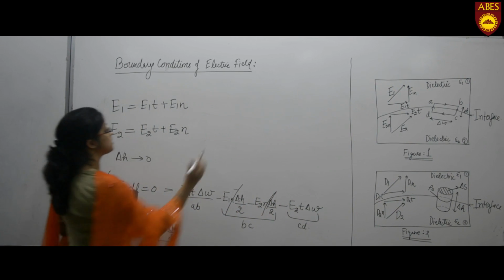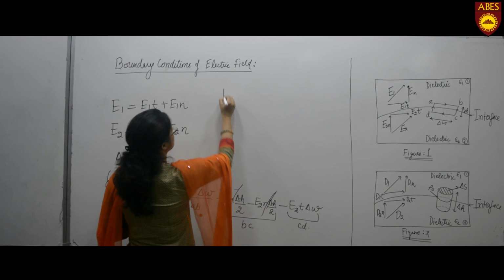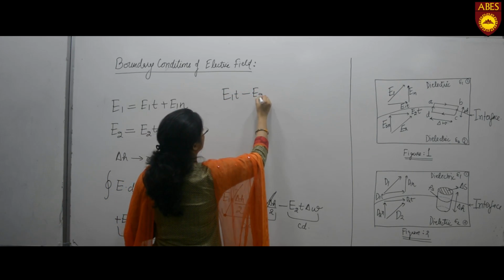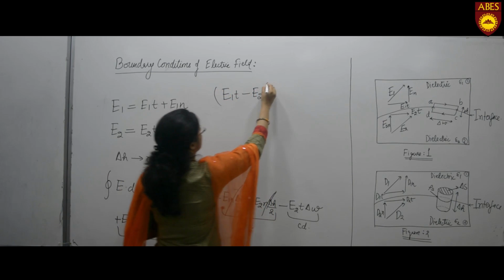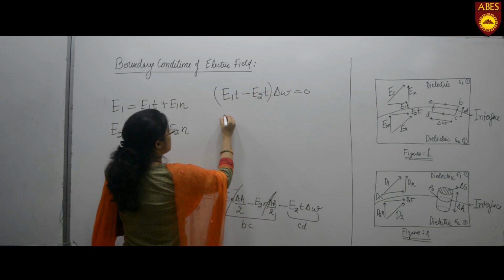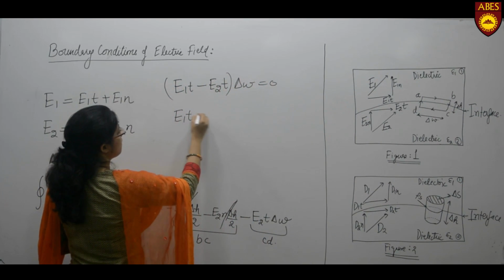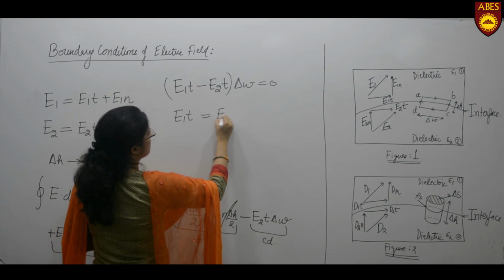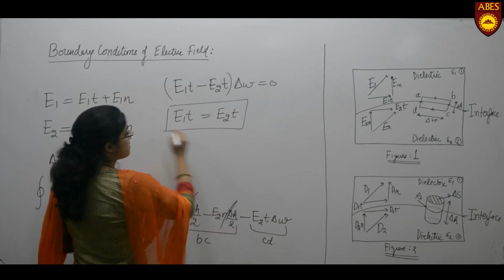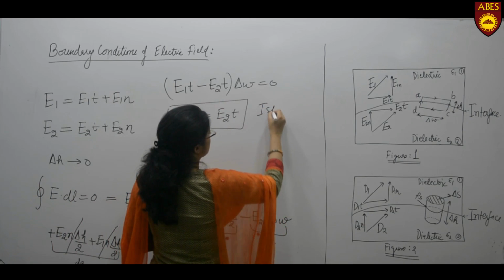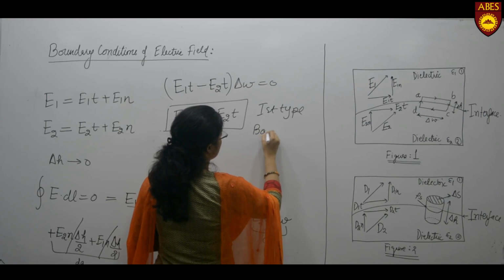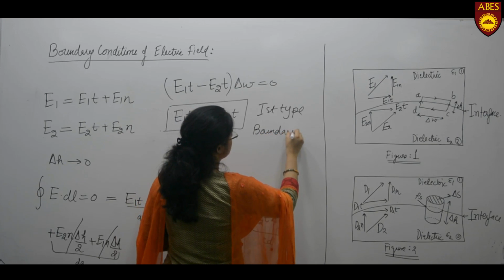Now the final equation will be yielded as this, which can be further solved as follows. Now this is the first type of boundary condition.